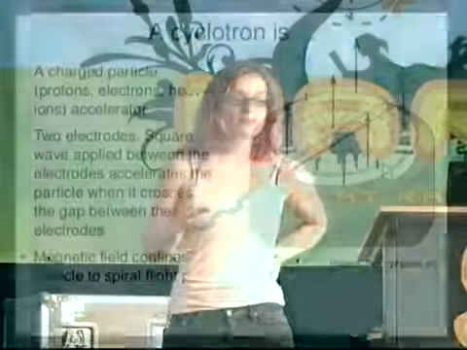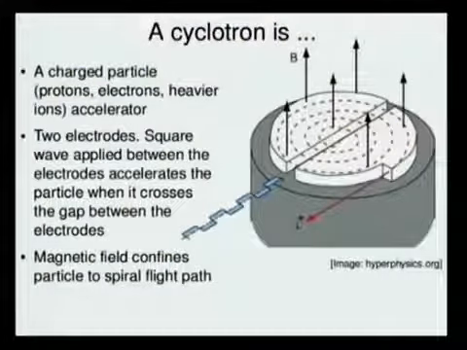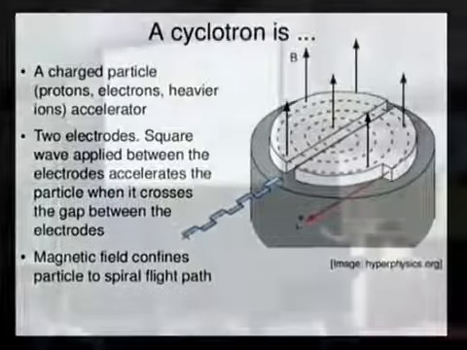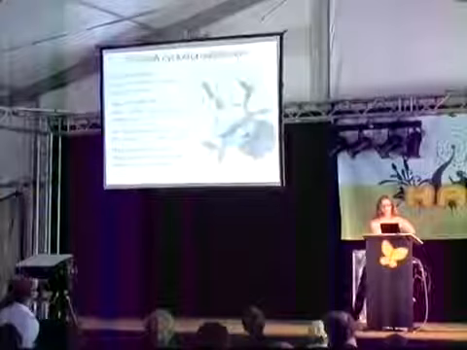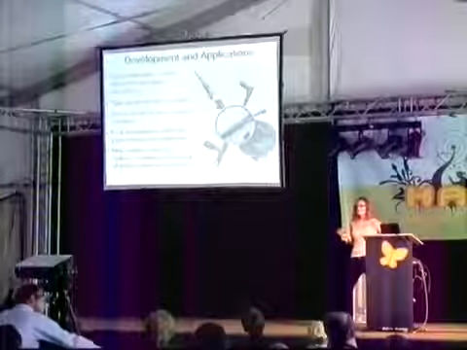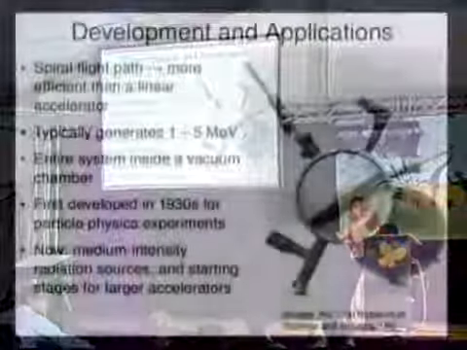If they were neutral, that field wouldn't do anything to them. And furthermore, there's a magnetic field in place, completely separate from the electric field, that confines them to a spiral flight path. And this is important because the spiral flight path means that it's more efficient than a linear accelerator.